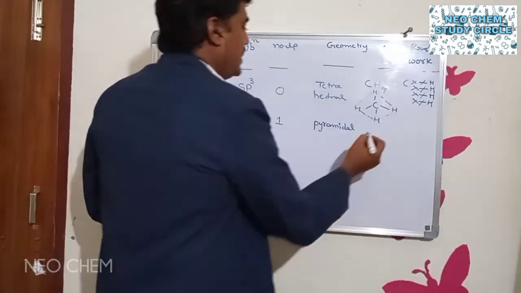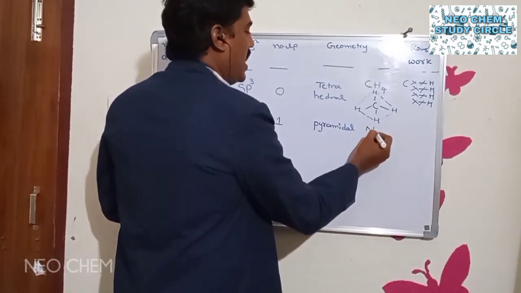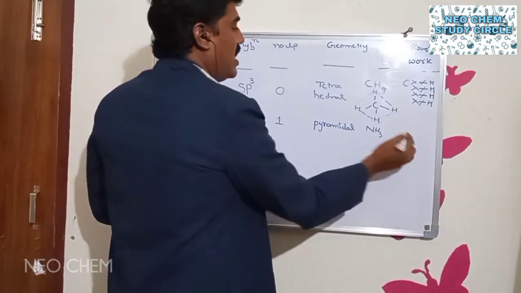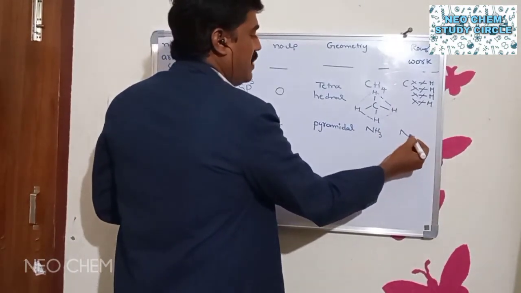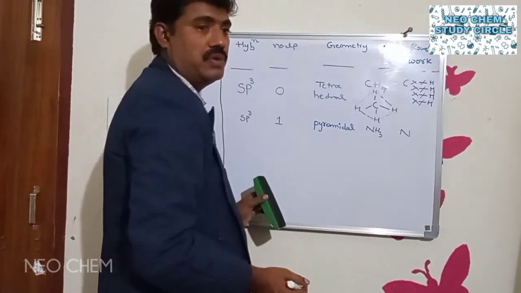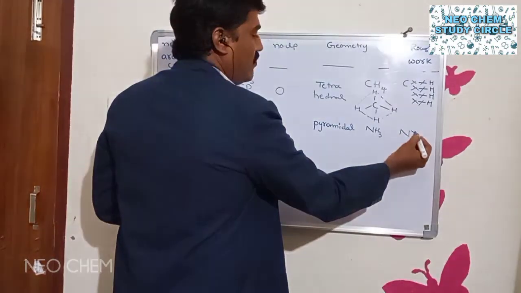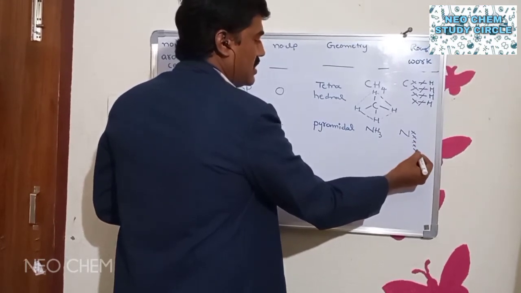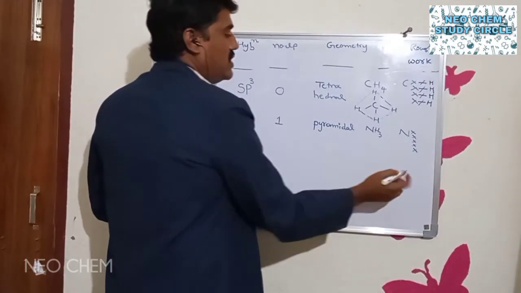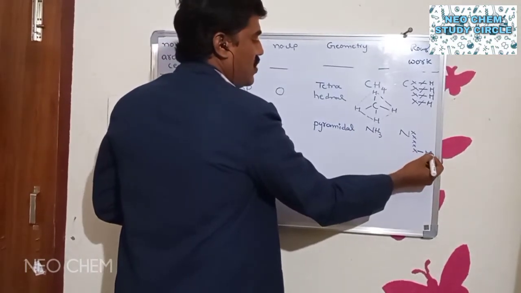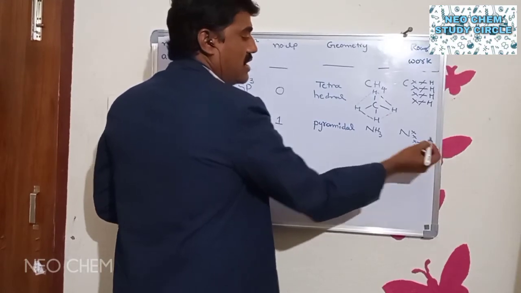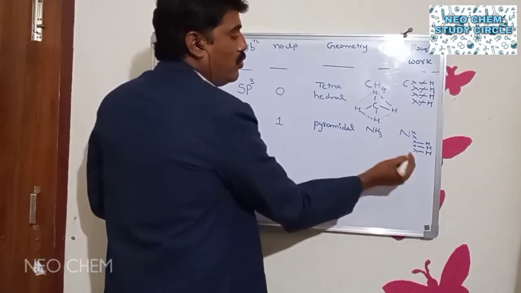For example, ammonia, NH3. Here the central atom is nitrogen, which belongs to the 5A group. So we should write 5 valency electrons beside the nitrogen like this. There are 3 hydrogen atoms. So first hydrogen atom, second hydrogen atom, and the third hydrogen atom, remaining one lone pair.